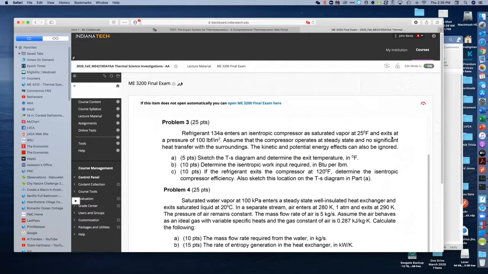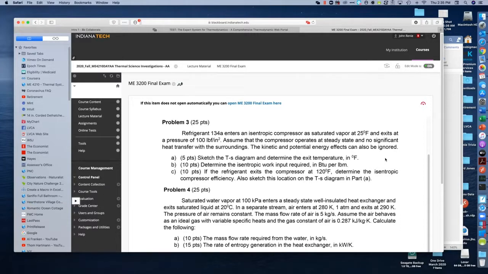And then it finally exits at a pressure, and again, it's exiting at that particular pressure after going through an isentropic compression event.